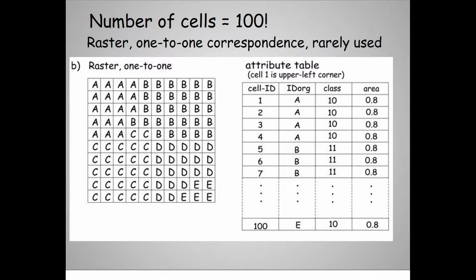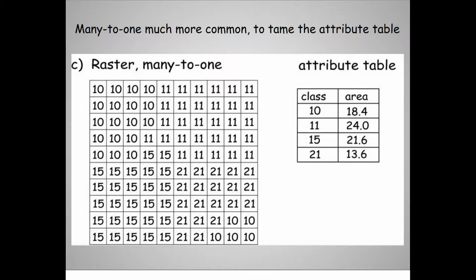So instead of storing letters, they store numbers most often. And the numbers then are stored into a condensed attribute table where only the unique values are stored. So 10, 11, 15, 21. Only those values are stored, and their attributes are then associated with those values.